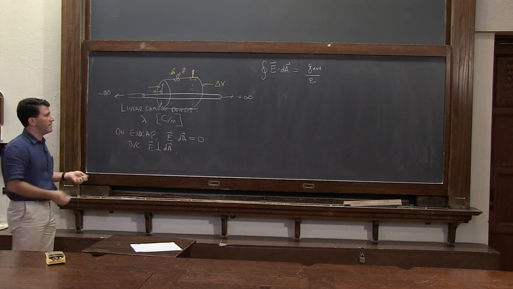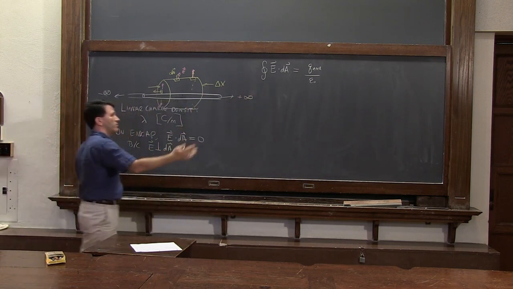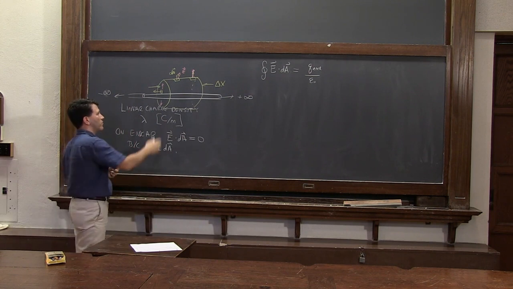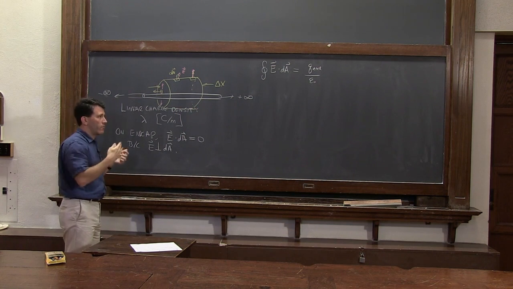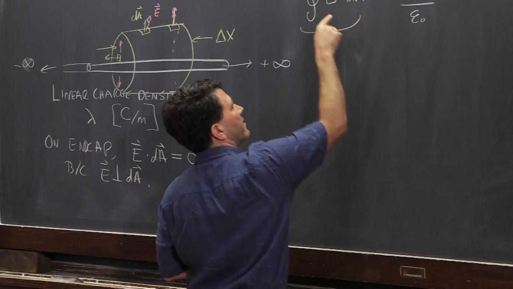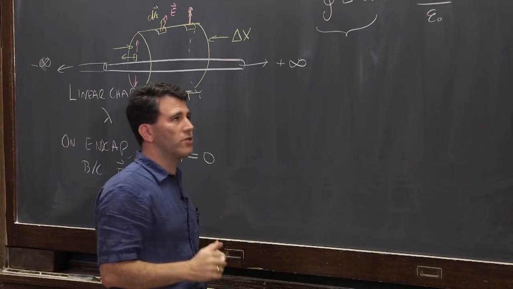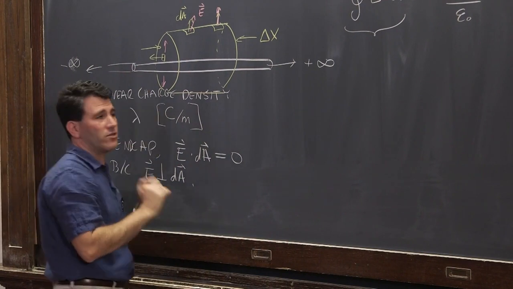So that's nice. It means we can write down our full expression for our closed surface in 3 pieces. We can worry about the left cap, the right cap, and the surrounding wall, and write it as a sum of those 3 terms. So we're going to take this integral over a closed surface and write it as a sum of integrals over patches that make up that closed surface.